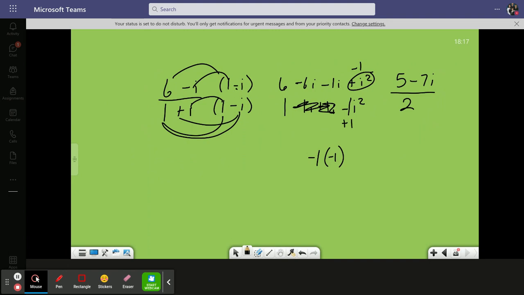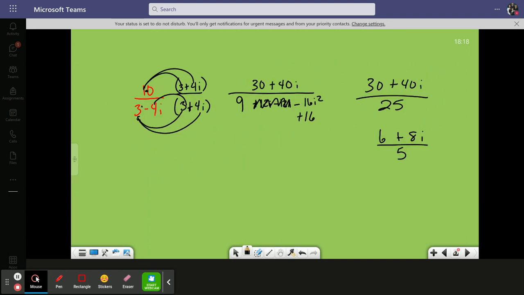Okay? Now, the shortcut, after you practice it a little bit, is my numbers here are 1 and 1. And it's always going to end up being the sum of those squares. Like this, 3 and 4. What's 3 squared? 9, 4 squared. And 9 plus 16 is 25.